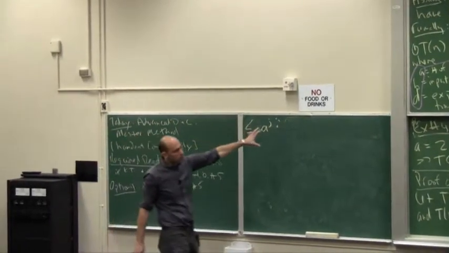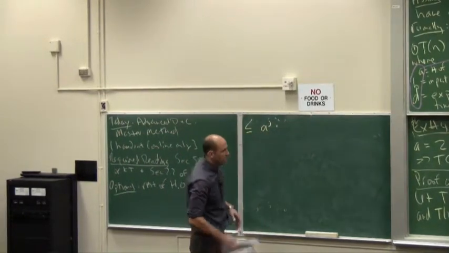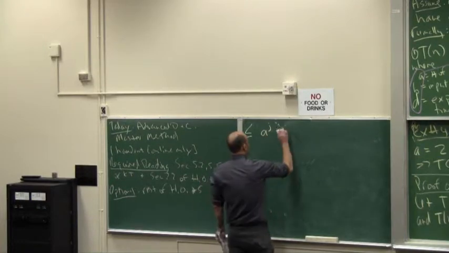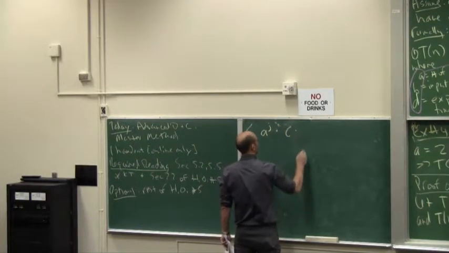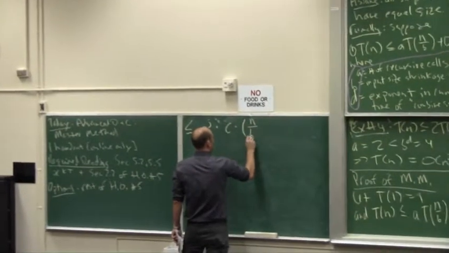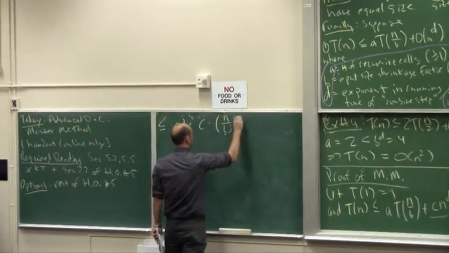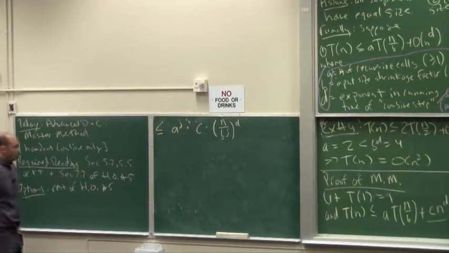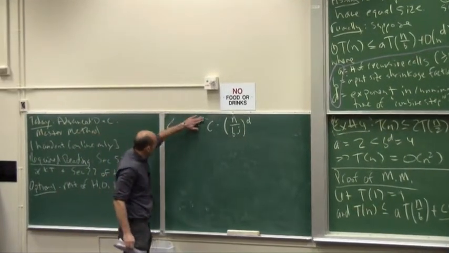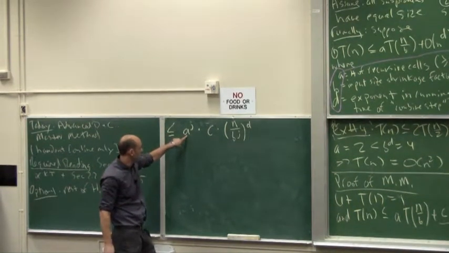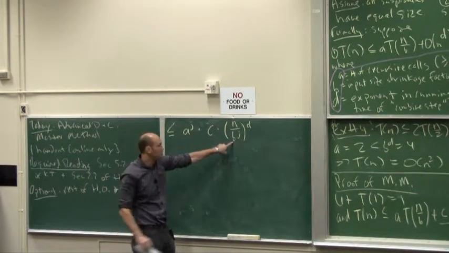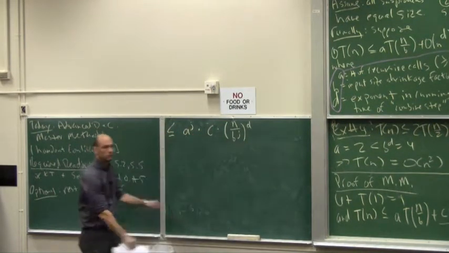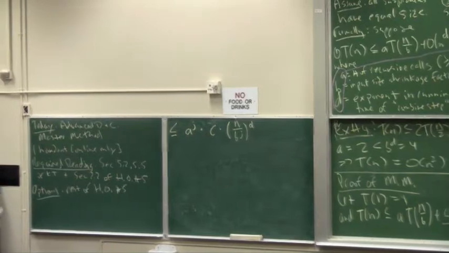Now we're working on subproblems that have size n over b to the j. So we substitute n over b to the j for n, and what we get is c times n over b to the j raised to the d. Again, number of subproblems at level J, size of a subproblem at level J, work performed on one such subproblem. That's where all that comes from.